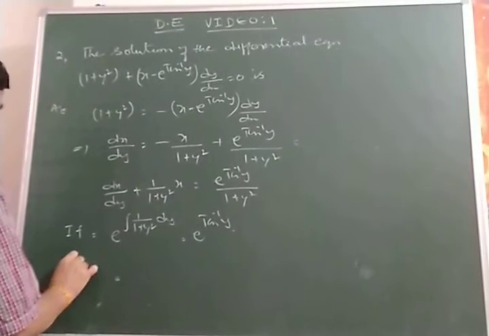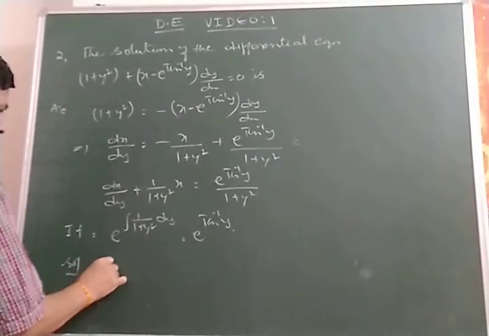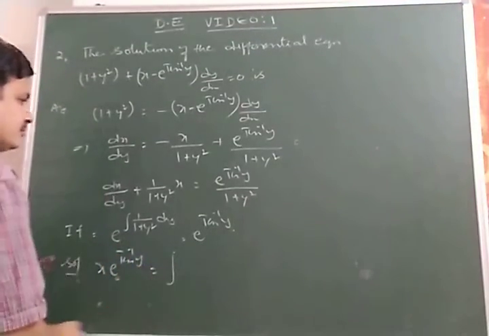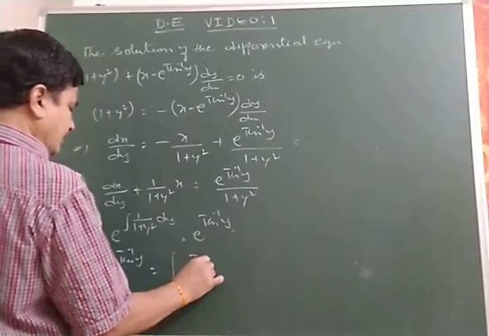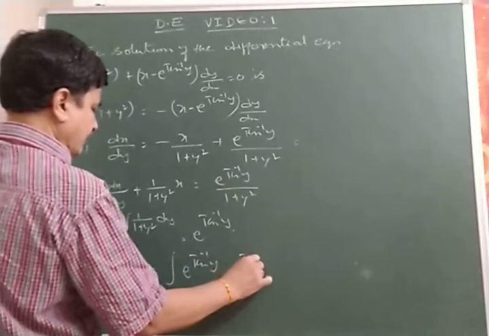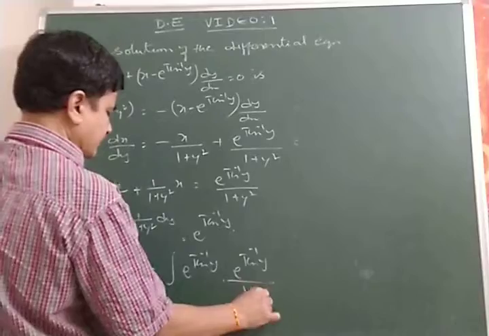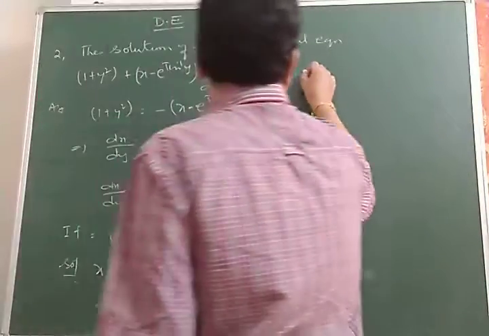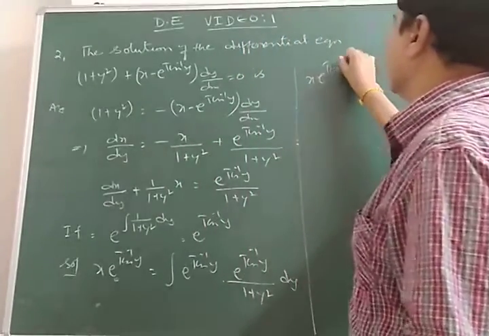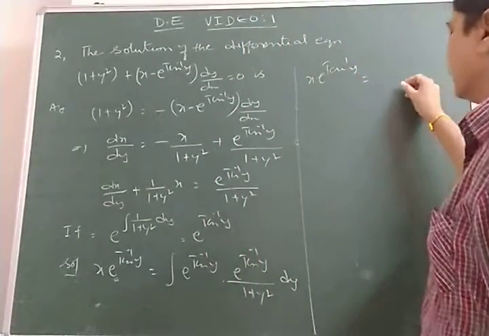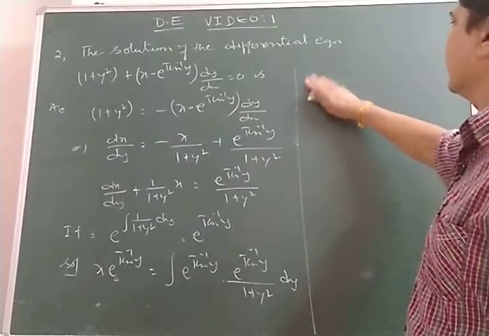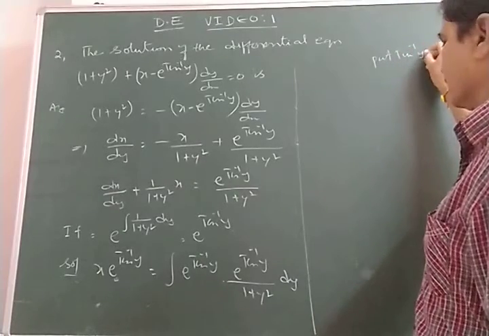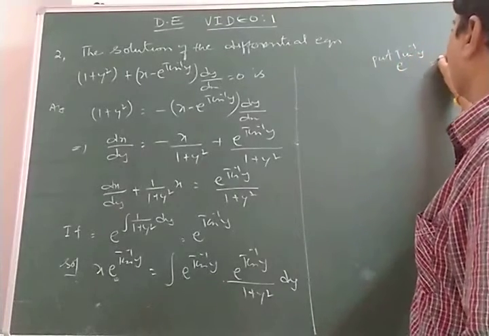Now the solution is x into e to the power of tan inverse y is equal to integral e to the power of tan inverse y into e to the power of tan inverse y by (1 plus y square) dy. Put e to the power of tan inverse y is equal to t.